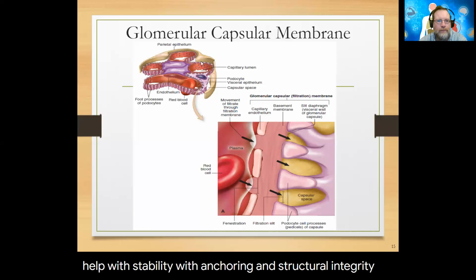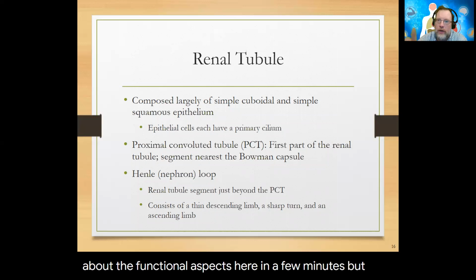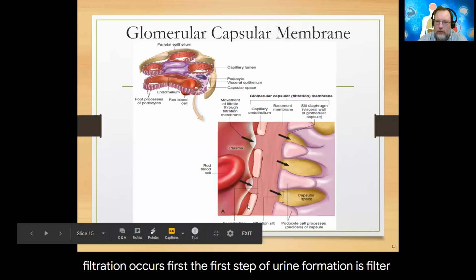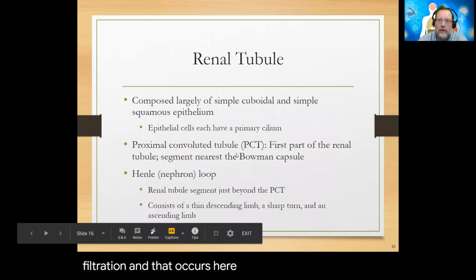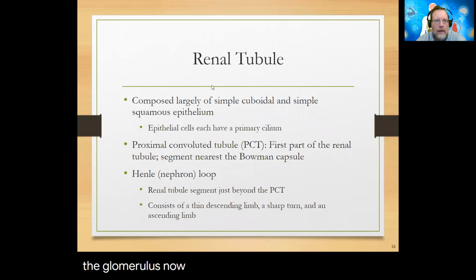Okay, so we'll keep moving. The renal tubule. So we'll talk about the functional aspects here in a few minutes, but filtration occurs first. The first step of urine formation is filtration, and that occurs here at the Bowman's capsule with the glomerulus. Now, that's the end of the corpuscular aspect.